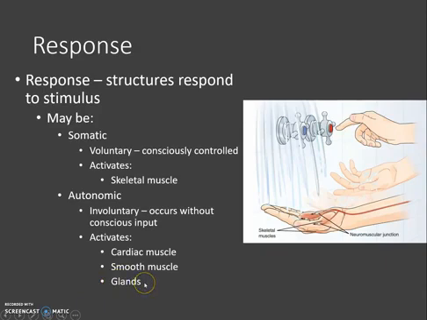Glands, so it can trigger an endocrine gland to release a hormone, or trigger a sweat gland to release sweat, or something like that. So two main divisions: you've got somatic, which is voluntary, and the brain activates skeletal muscle. And you have autonomic, which is involuntary, and it activates cardiac muscle, smooth muscle, or glands.